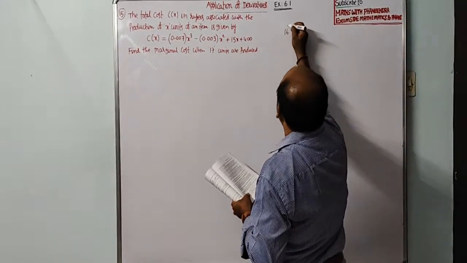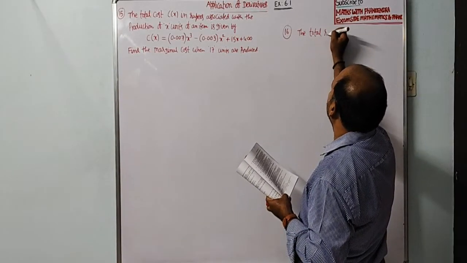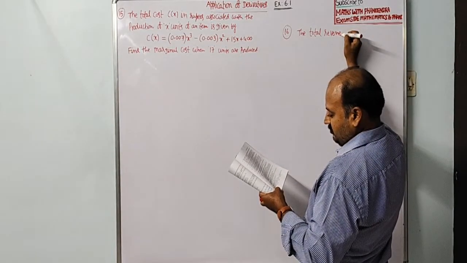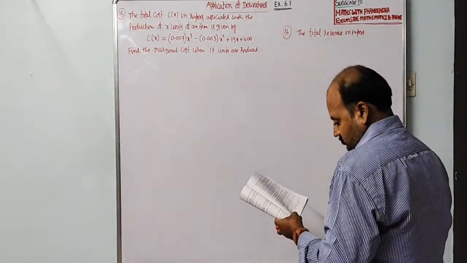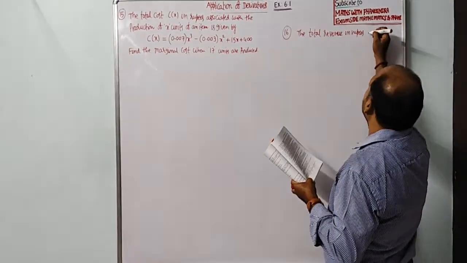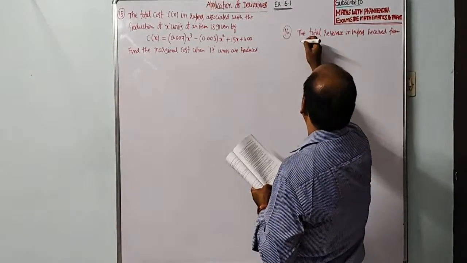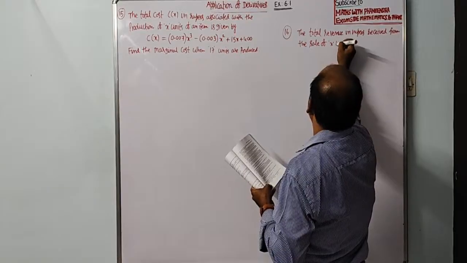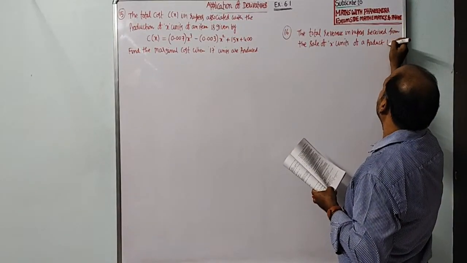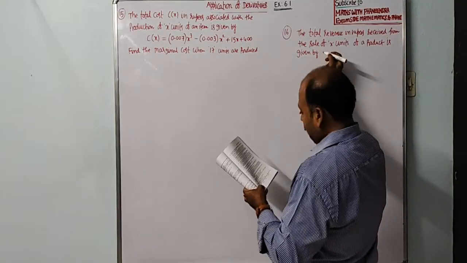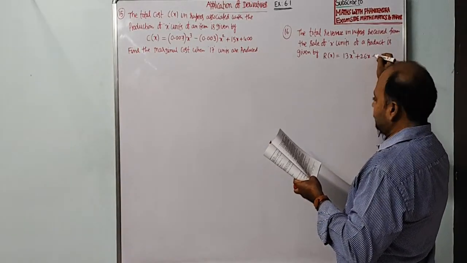Now come to question number 16. This is also this type of question. The total revenue in rupees received from the sale of x units of a product is given by R of x is equal to 13x squared plus 26x plus 15.